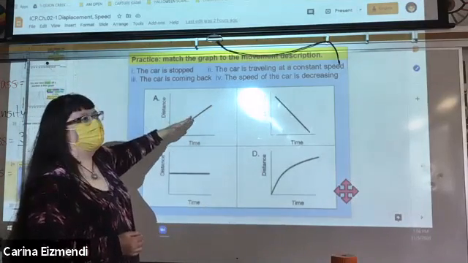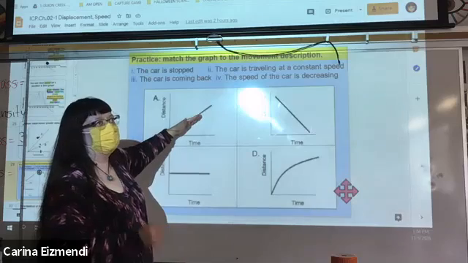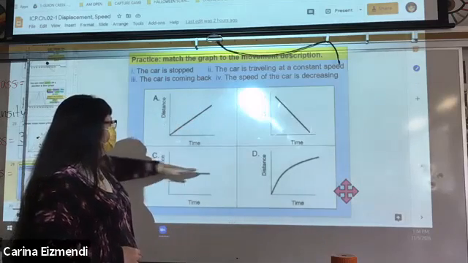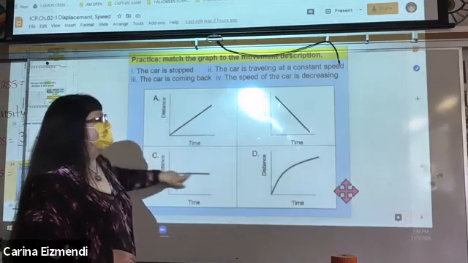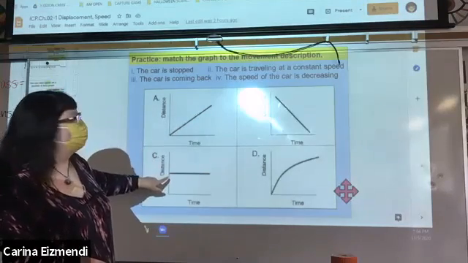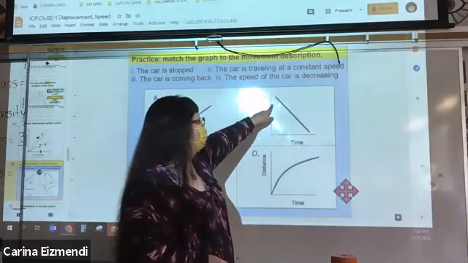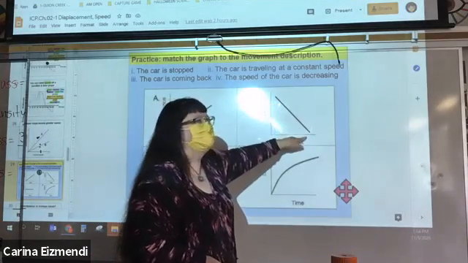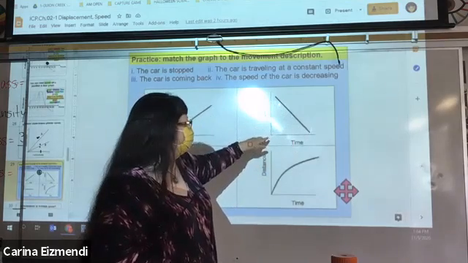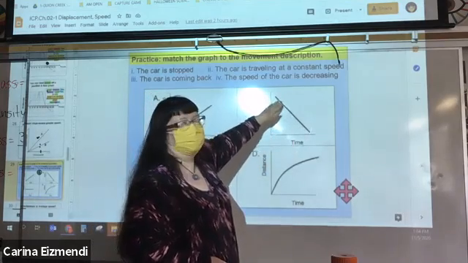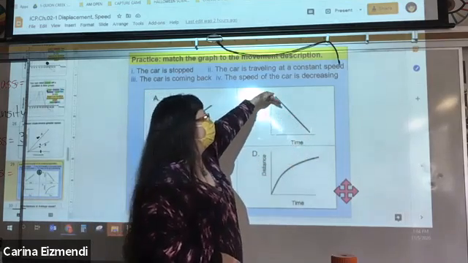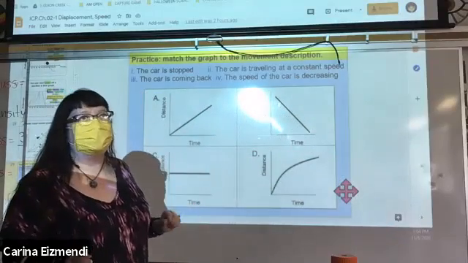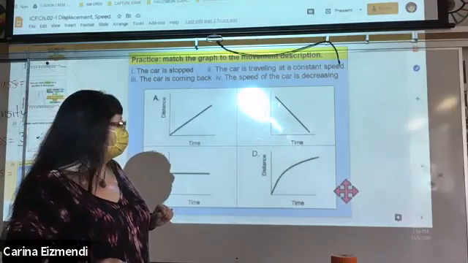Straight line, y equals mx plus b. There's only one m; m doesn't change with a line. This is constant speed, but it's 0, not moving. This is constant speed in a different direction, so it's just getting closer to the reference point. It doesn't mean it's getting slower, because the slope is the same, so the speed is the same the whole time. The direction for speed does not matter.